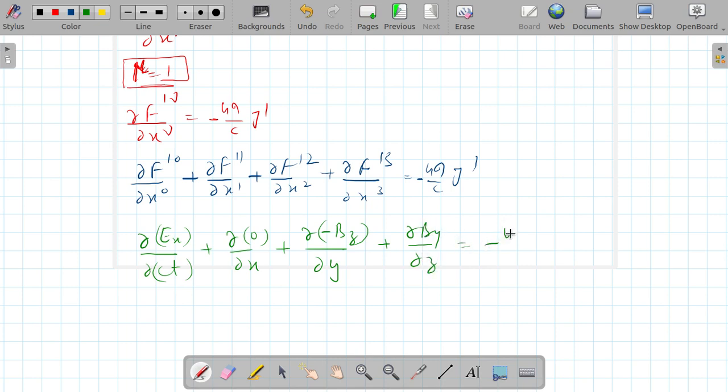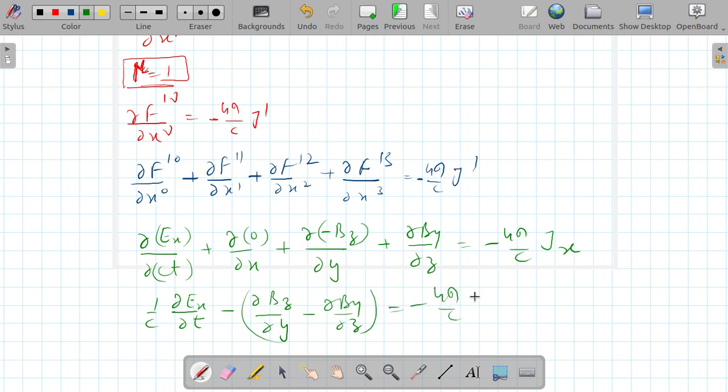It must be equal to −4π/c Jx. So it can be written as 1/c ∂Ex/∂t minus (∂Bz/∂y − ∂By/∂z). Minus can be taken outside, so it is −4π/c Jx.